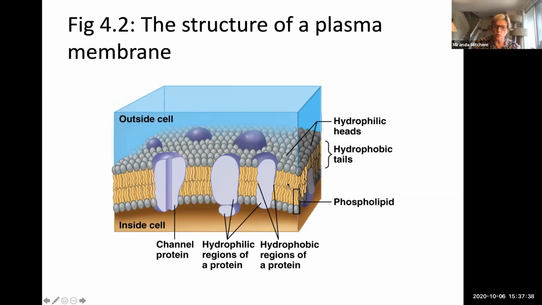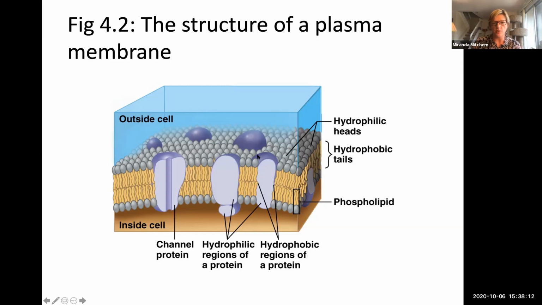Looking over towards the right side of the figure, we have other examples of proteins. And some of these don't have regions that interact with the phospholipid tails, the tail section of the bilayer, whereas others go all the way through. So what is typically true of the proteins that are embedded in our plasma membrane is that they have regions that are fat soluble and they have regions that are water soluble.